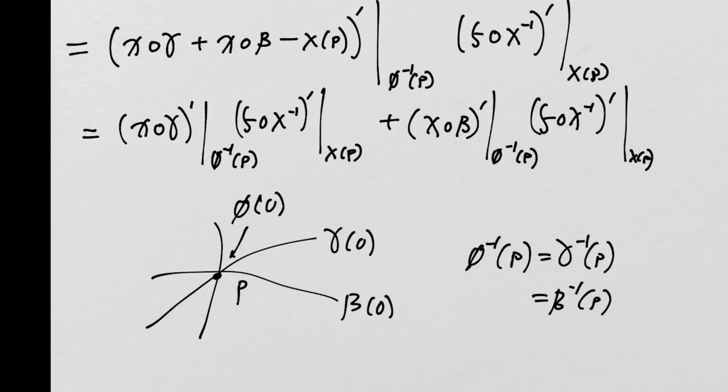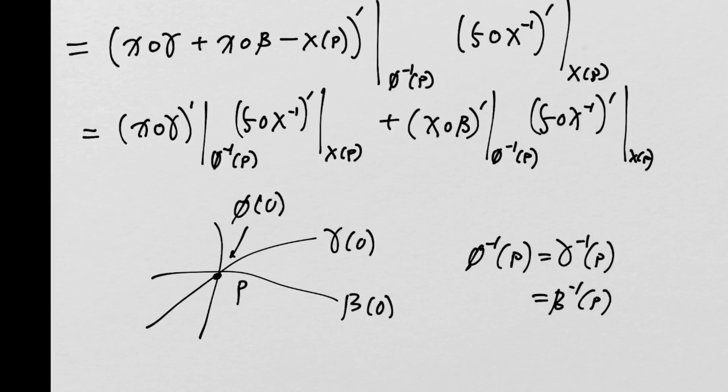Now, off the point P, they're all totally different, but at the point P, they all have the same parameter value. That allows me to change this and this, using gamma inverse at P and beta inverse at P, which is what I kind of need. So let me do that.